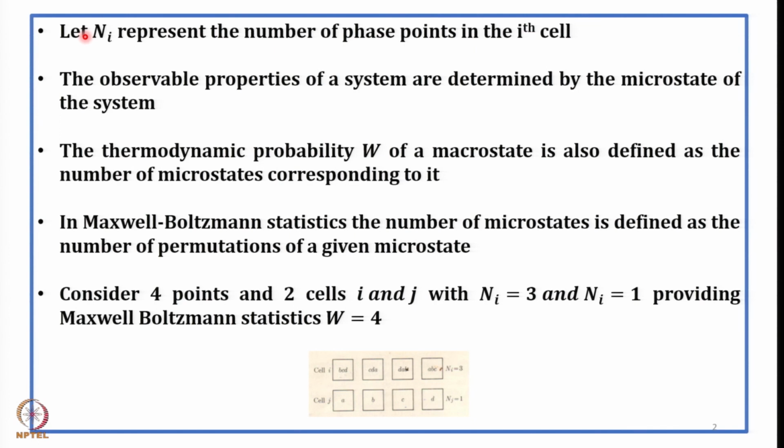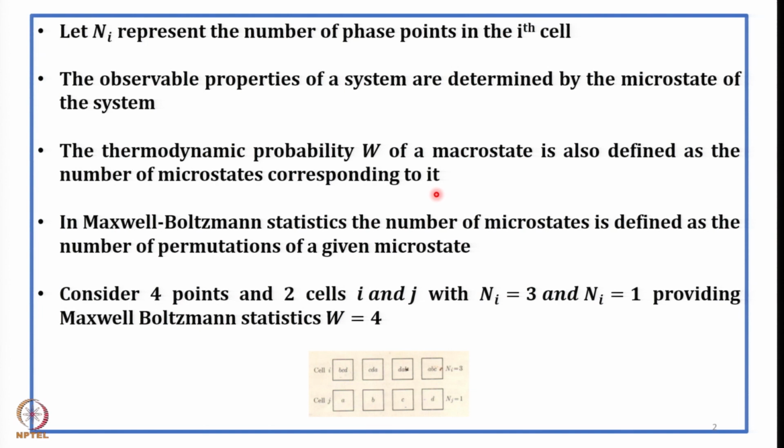How do we define it? It is the number of microstates corresponding to it. The thermodynamic probability W of a macrostate is defined as the number of microstates corresponding to it. And when we were talking about Maxwell-Boltzmann statistics, the number of microstates was defined as the number of permutations of a given microstate.